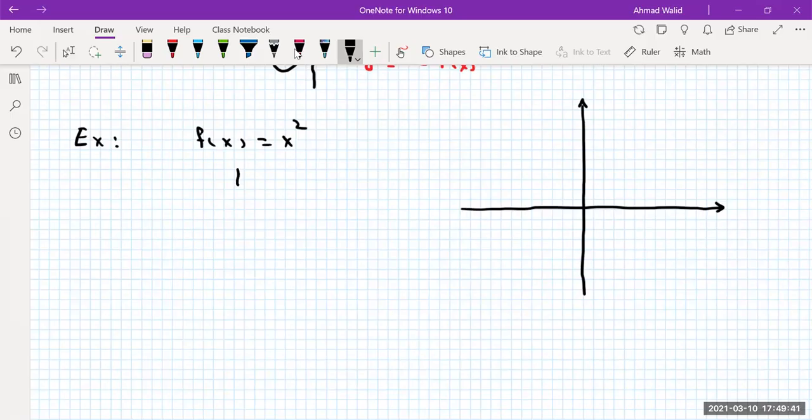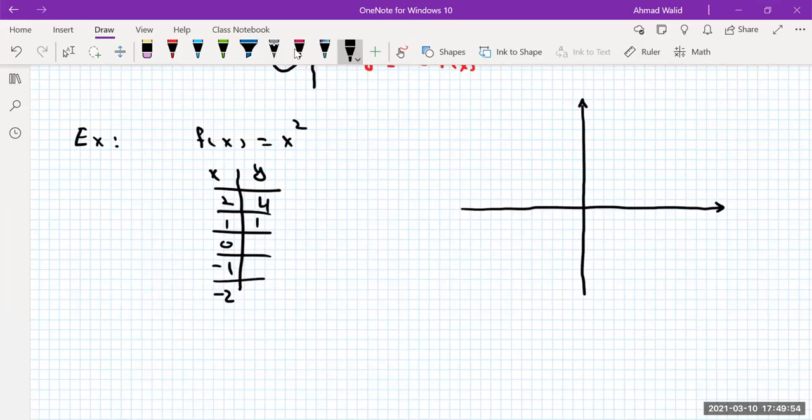The table for f of x equals x squared is like this. x: 0, 1, 2, -1, and -2. Here y: 0, 1, 4, 1, and 4, correct? So the points are (0, 0), (1, 1), (2, 4), (-1, 1), and (-2, 4).